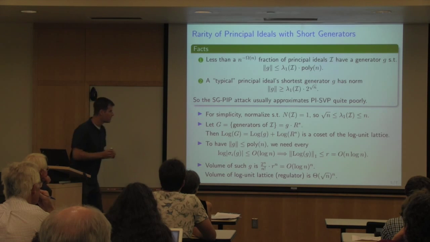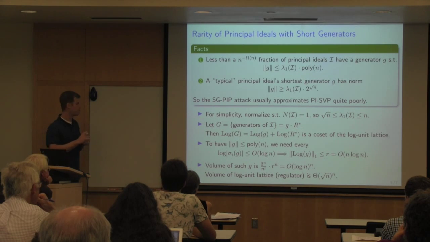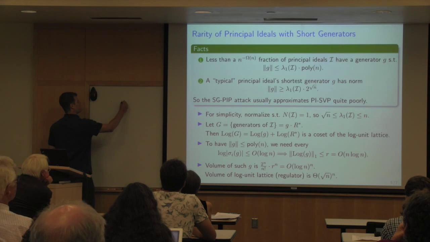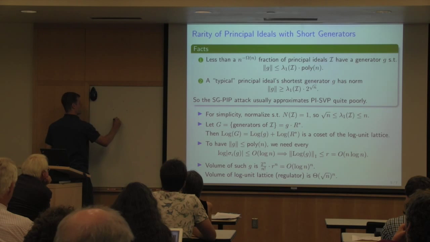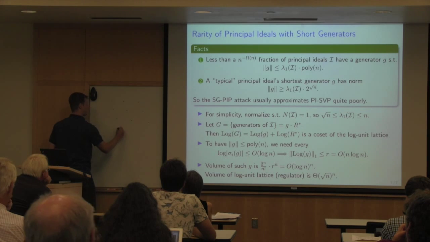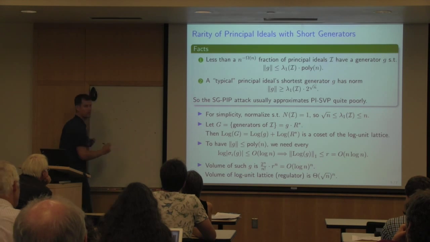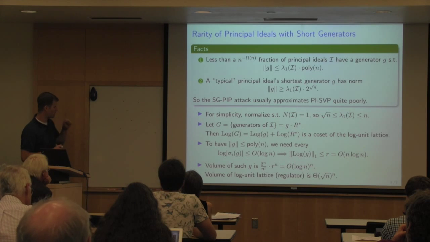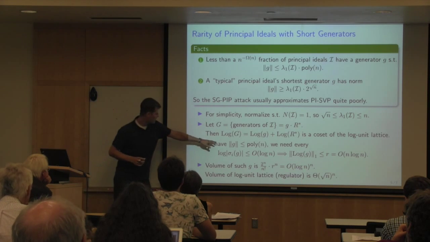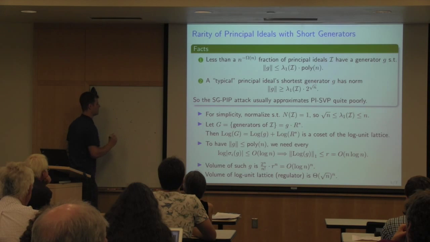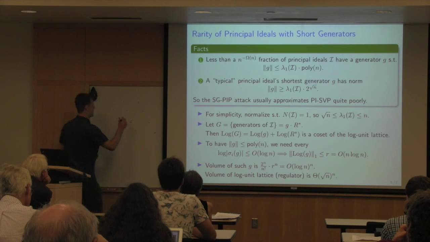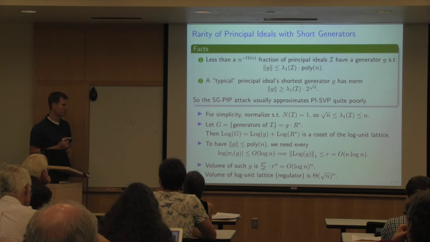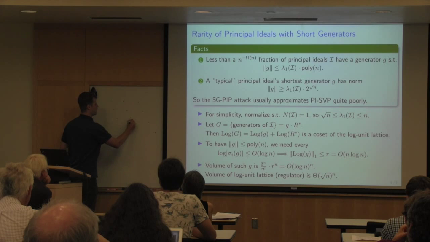So I didn't draw the nice pictures that Leo did, but if you just imagine that this is your log unit lattice, like so. Then the G's, we can call this the origin here. So the G's, which are good in this sense here, all lie in this L1 ball here, okay, around the origin.